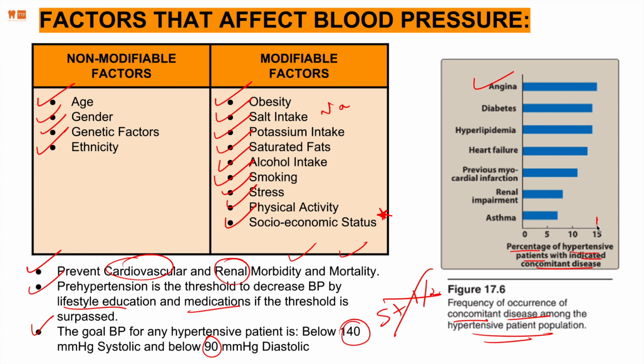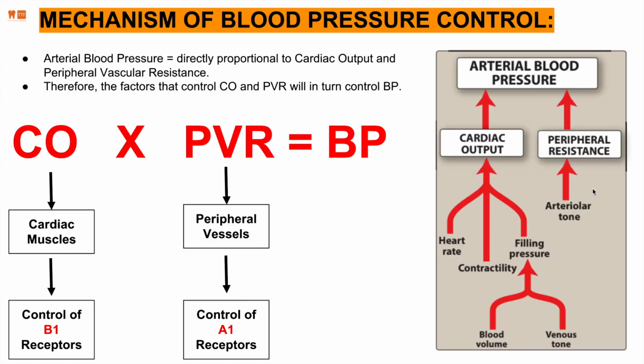Look at that, 15% of hypertensive patients can suffer angina or have suffered angina. Diabetes, very high. Hyperlipidemia, of course, high. It causes hypertension. Heart failure is way up there. And then comes previous history of MI, renal impairment, and asthma, which can also lead to a comorbidity factor of hypertension. Moving on to the mechanism of blood pressure controls.